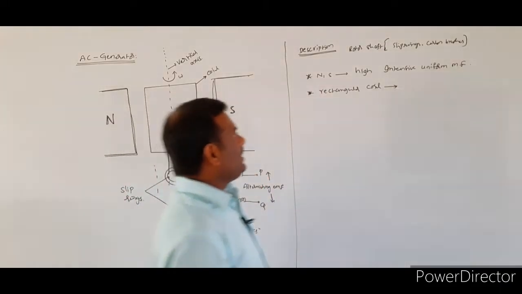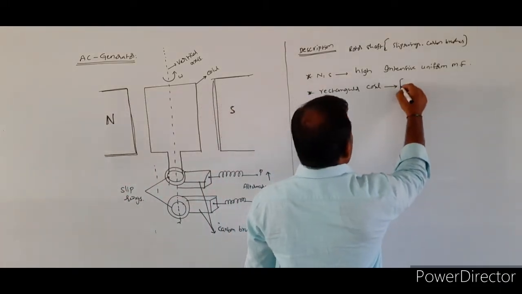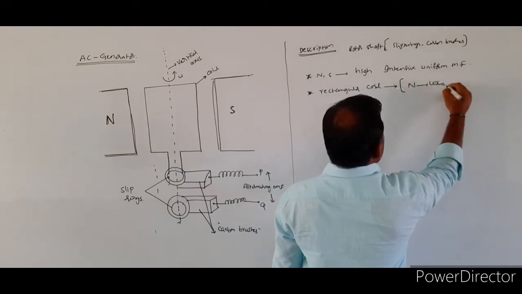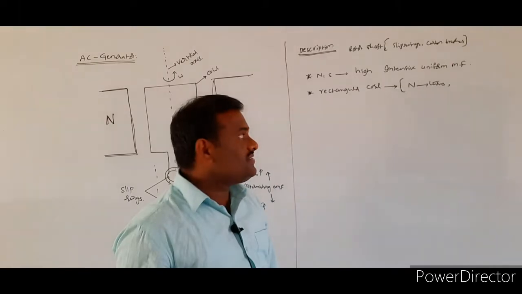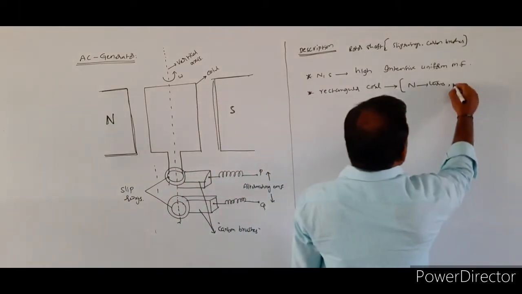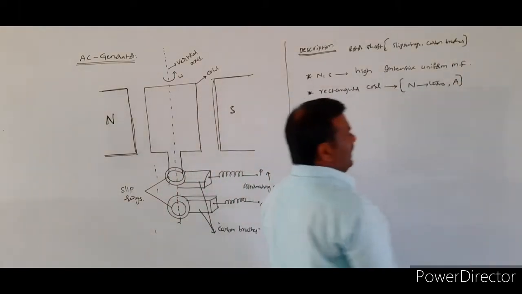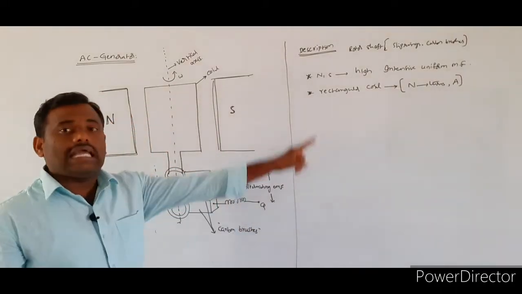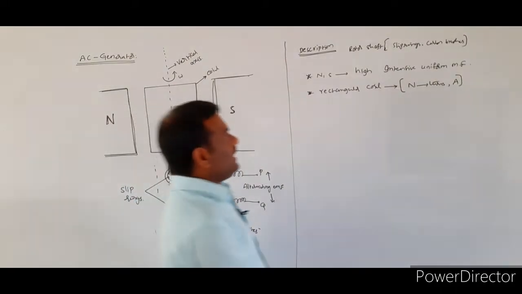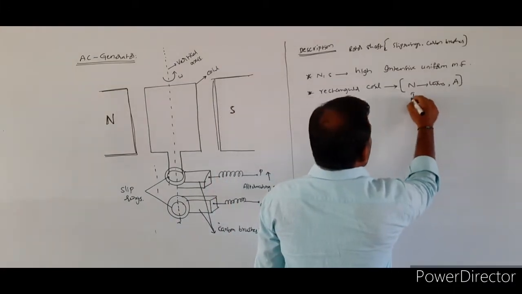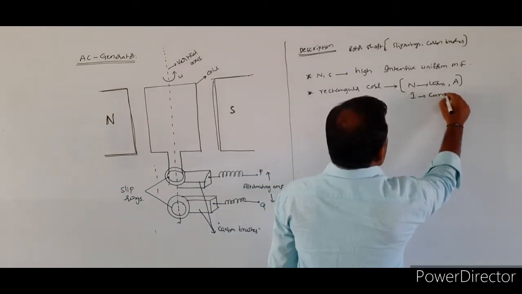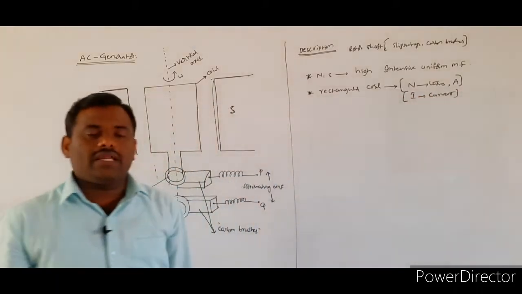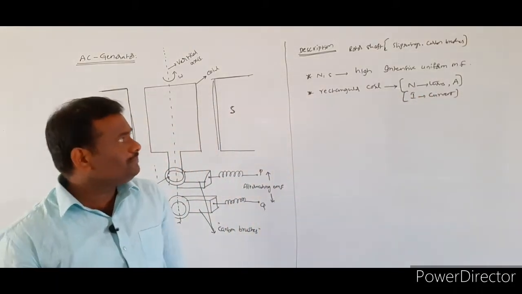We are assuming that this rectangular current carrying coil will be consisting of capital N number of turns, and the area of cross section of each turn is equal to what? Capital A. And let I indicate the current passing through the given circuit.